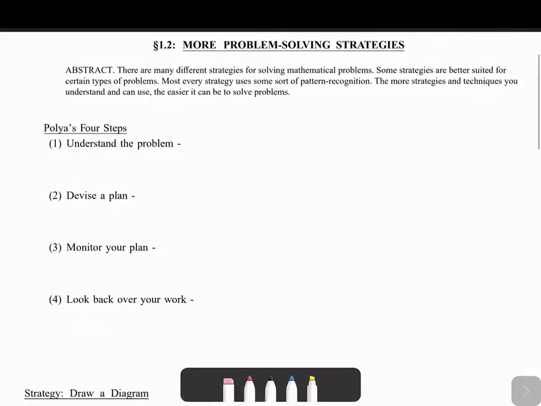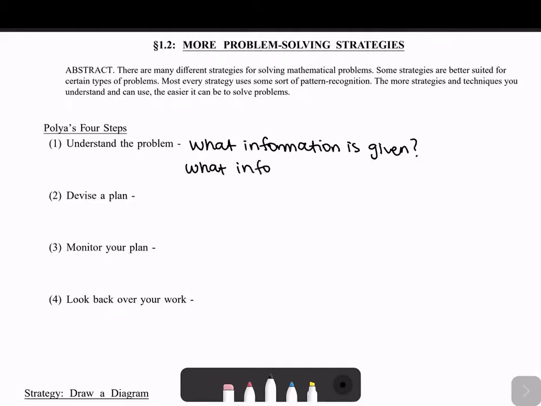To do this, we need to know what information is given and what information do we need. So what information is given? What information do we need? What is the question really asking?